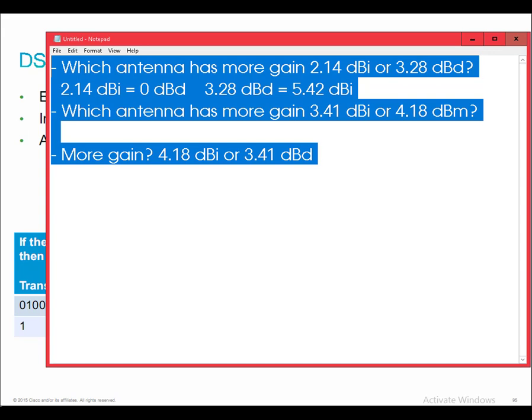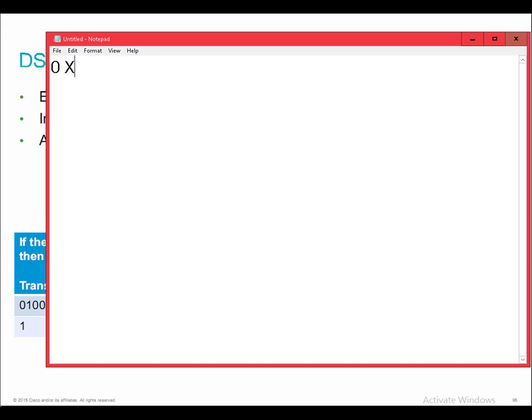And if both digits are the same, in other words, both digits are a 0 or both digits are a 1, then the output is a 0. So I could say 0 XOR 0 is going to equal 0 because both bits are 0. 0 XOR 1 is going to be equal to a 1 because one or the other is a 1. And 1 XOR 0 is equal to a 1, and 1 XOR 1 is equal to a 0. So that's our Boolean mathematical operation, XOR operation.